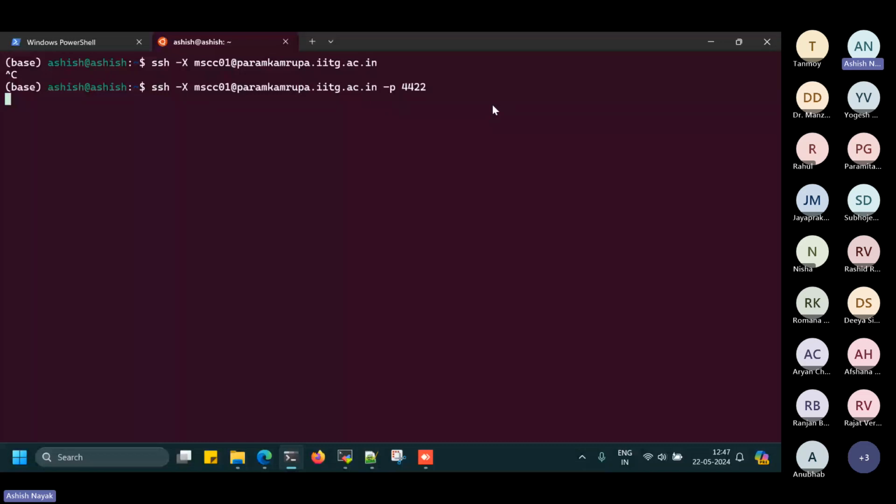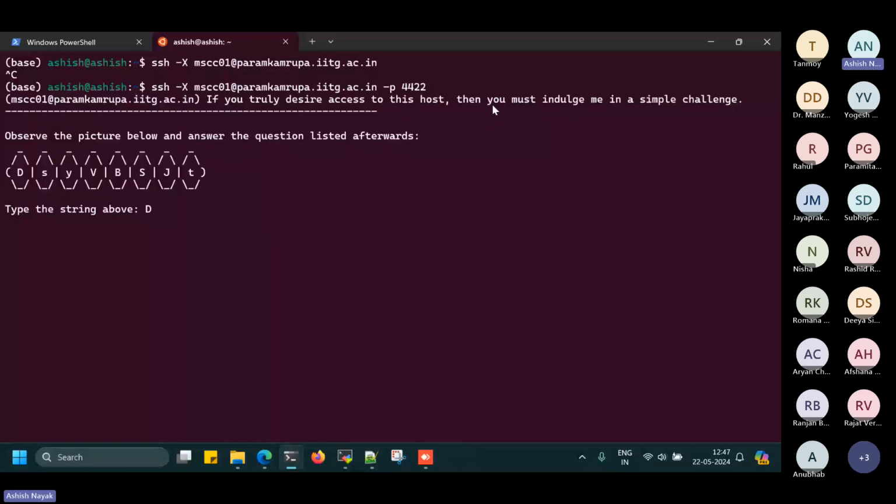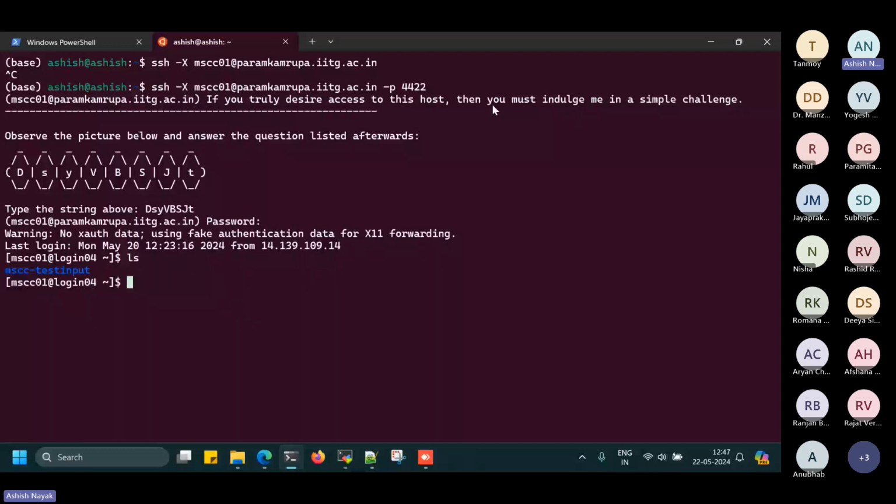Then it will ask you the captcha, DSYVPSJT, enter. MSCC01, then enter. Now you are logged into the system, and after this you have to ml load MSCC LITESOPH. After this you have to launch it, and it will display the GUI.